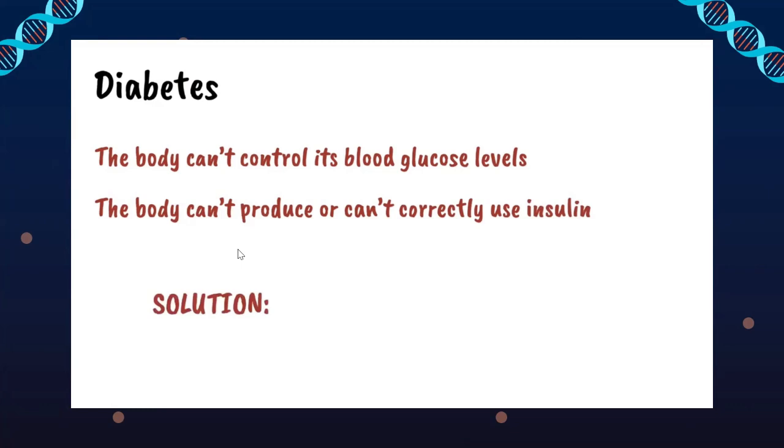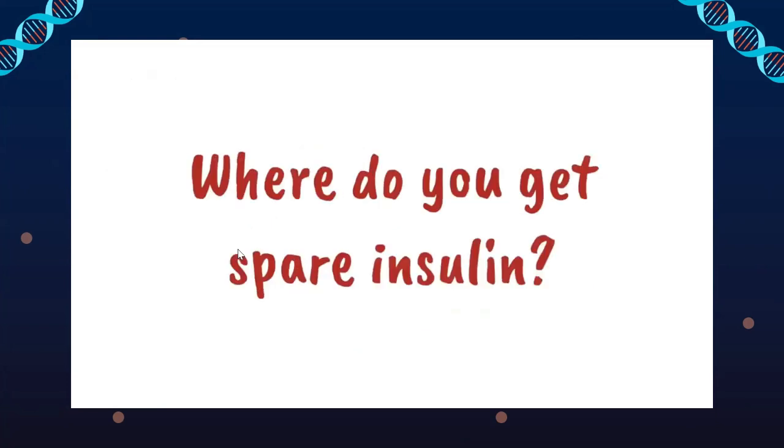So, ano na ngayon yung magiging solution natin? The very common solution is gagamit tayo ng regular injections of insulin, right? But, saan ba natin usually kinukuha ang insulin? That's actually the main problem.